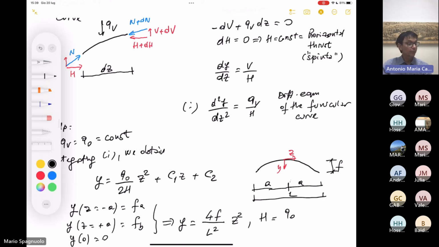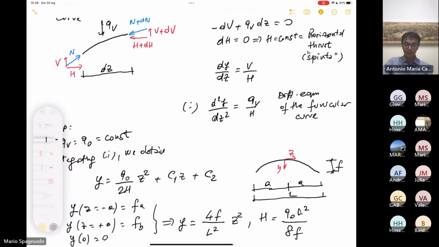So Q0, this is important, L squared over 8F. So this is the funicular curve of the special case of uniform vertical loading per unit length of the horizontal projection of the arch.